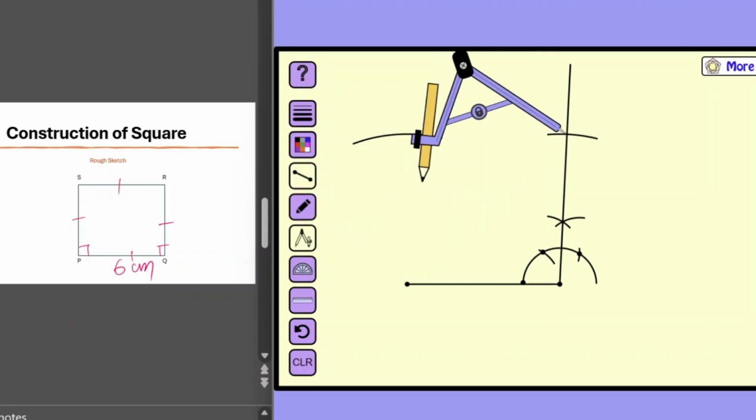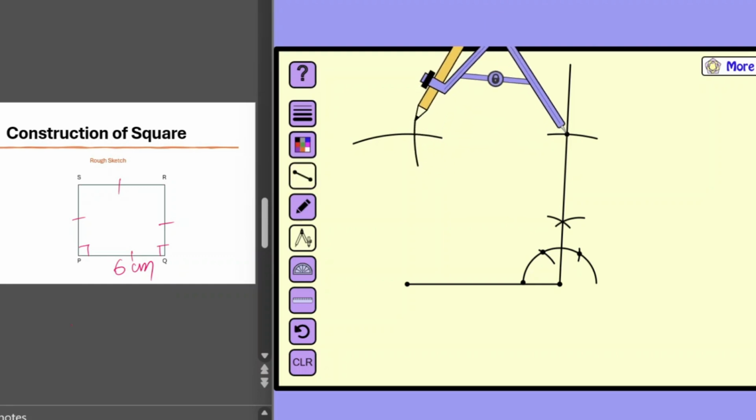Likewise, I'll put my compass at point R and cut this arc drawn previously. Let me join all these points. This is the square that we were supposed to construct in our question.